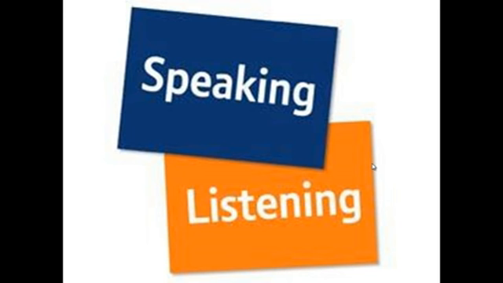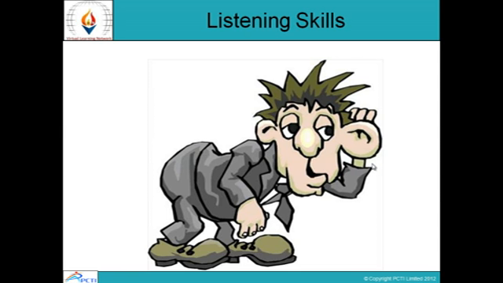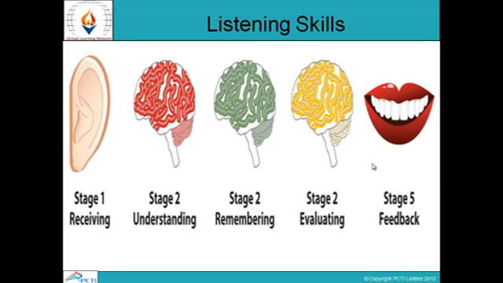Let's move to now speaking as well as listening skills. We speak a lot, but do we really listen properly? Stage 1 of listening skills is receiving. Stage 2, understanding the message which is given to us. The next stage is remembering the message, evaluating, and then giving feedback.